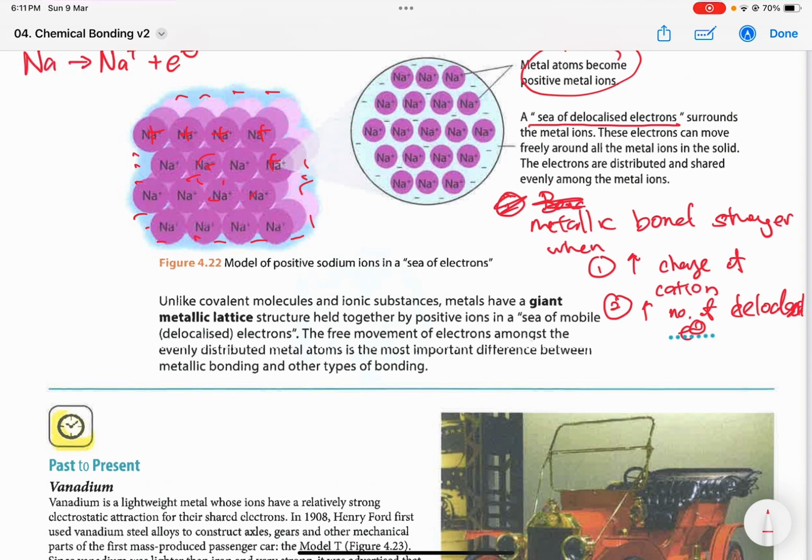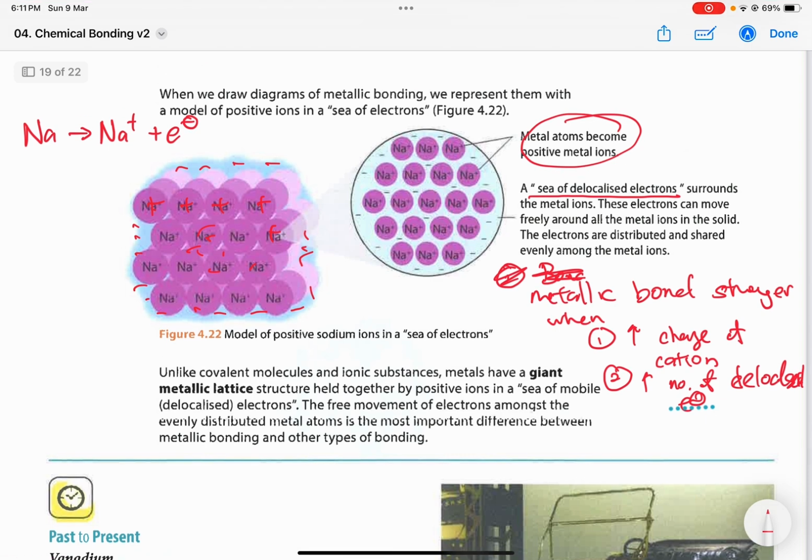Okay, so this is the kind of bonding and the structure. Now, take note that if they ask you to draw, there's no dot and cross to draw for this. It is the model. So every time they ask you to draw, they're asking you to draw the model. So you should draw like this or like this.